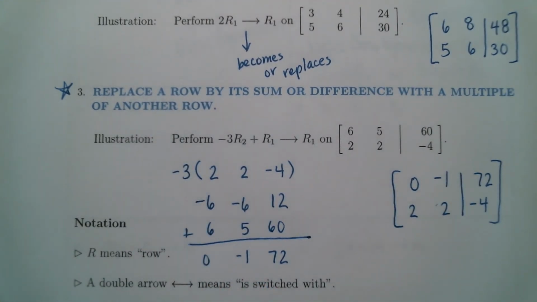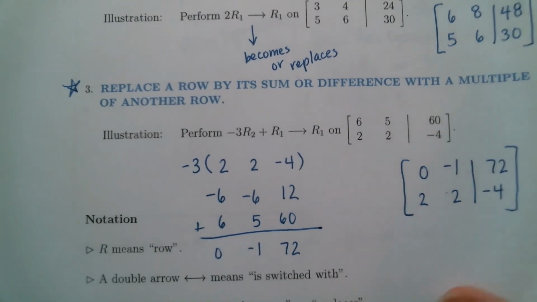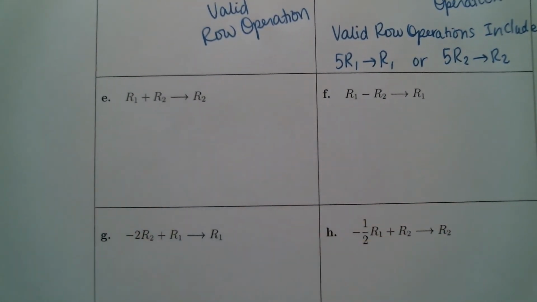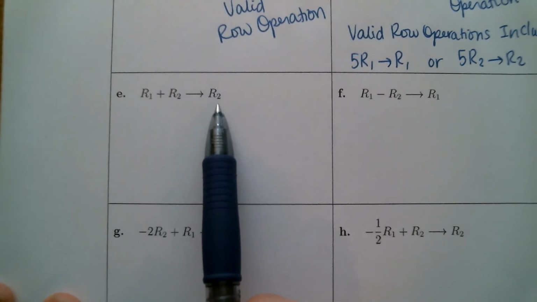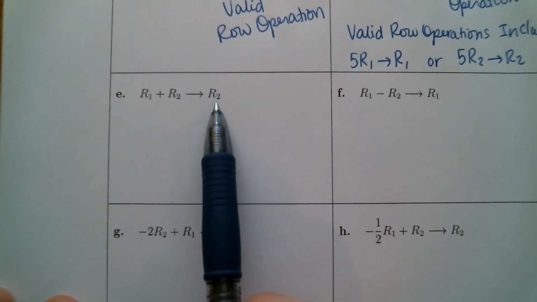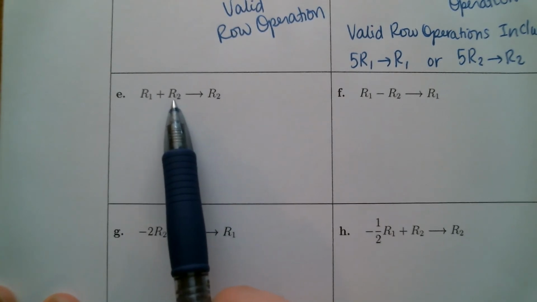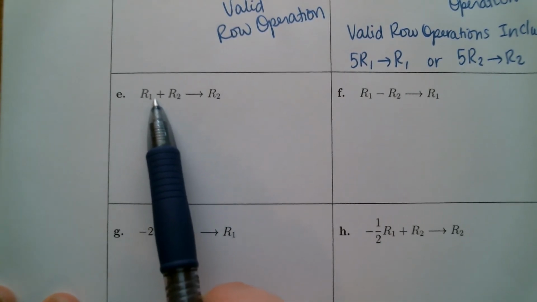Replace a row by its sum or difference with a multiple of another row. So when I look at E, I am replacing row 2. I'm allowed to replace row 2 by its sum with a multiple of another row.